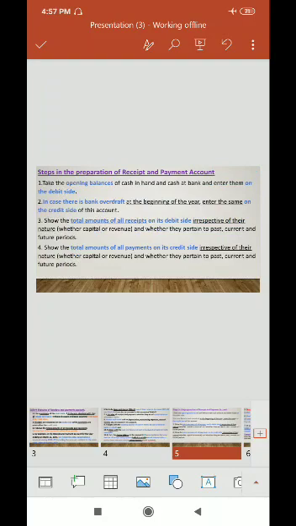The same you are supposed to do with the opposite side. Show the total amounts of all payments on its credit side. Can you understand this? Payments means cash outflow, and cash outflow means obviously it is your expenditure or investments.